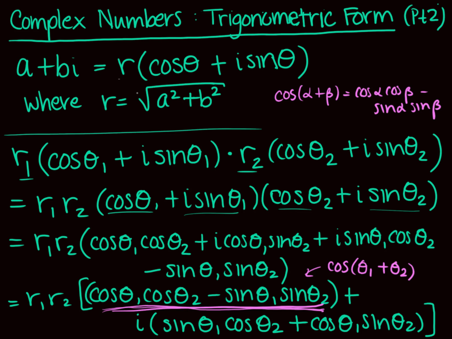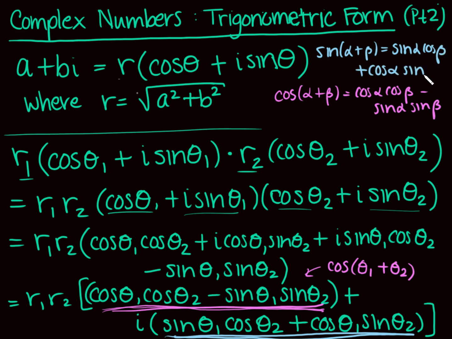And then over here, let me get a different color that might show up well. If I look at this right here, the sine of alpha plus beta was sine, cosine, cosine, sine. So it was sine alpha cosine beta plus, and then we just switched, cosine alpha sine beta.